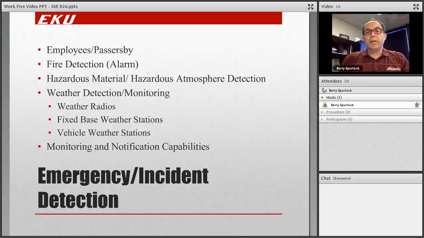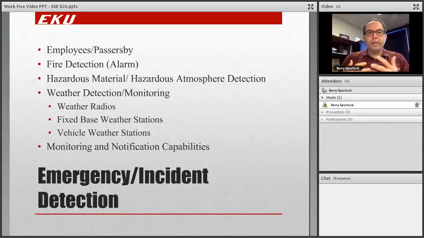But keep in mind, there are lots of apps and other things that people in the field, even people at a fixed location, can install on their phone. Minimally, those things that are free from local weather stations, television stations. If you don't have anything else, have those installed. But always check the credibility and the utility of those before putting all your eggs in those baskets.